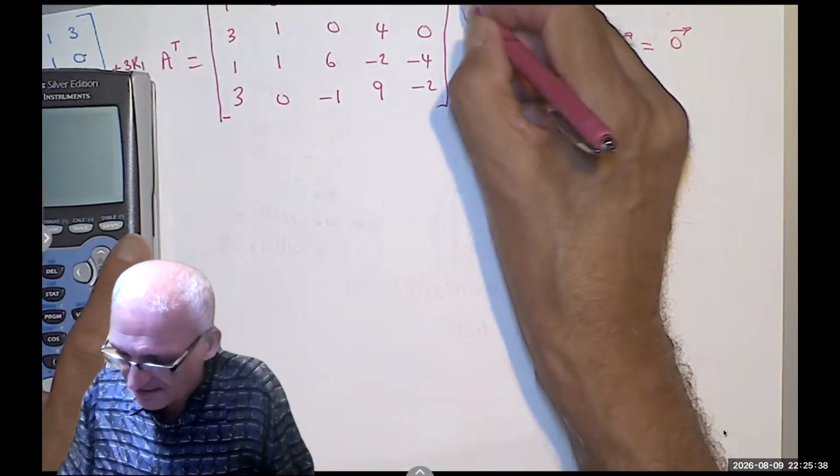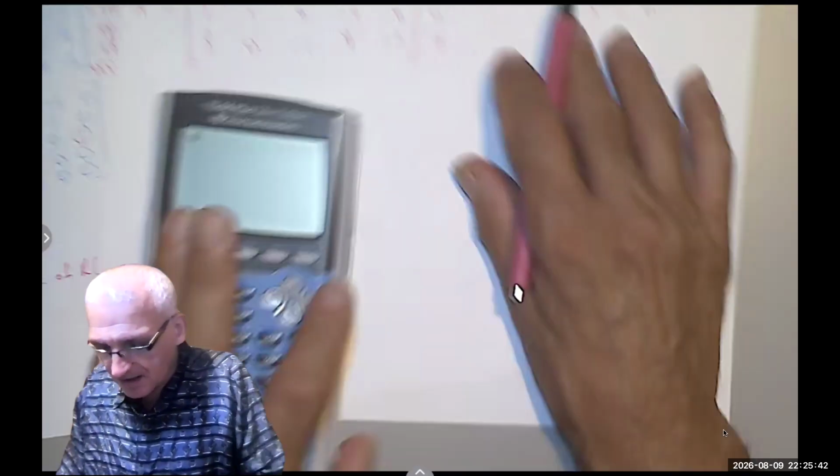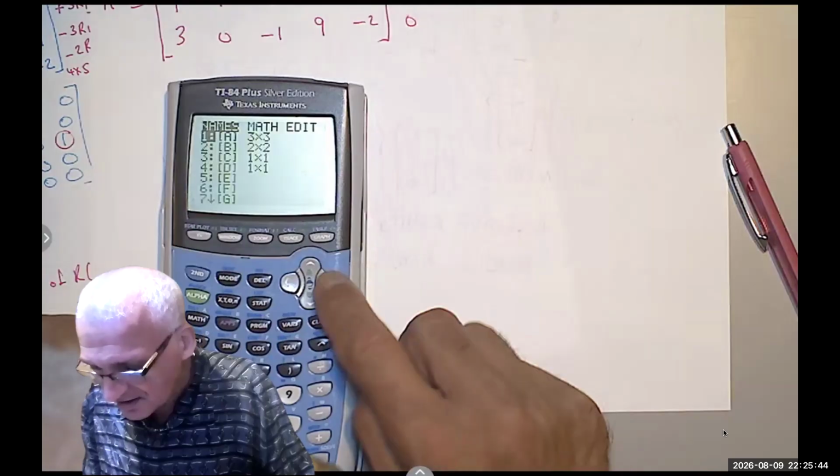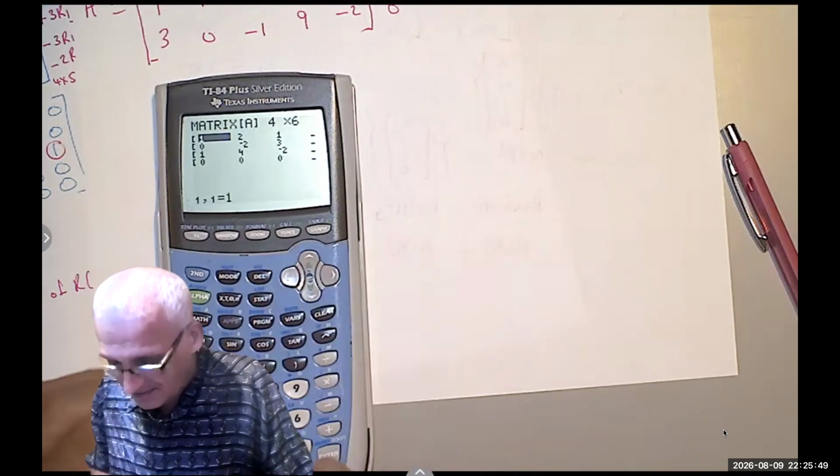Meaning I'm gonna augment it with 4 zeros, so I will have 4 rows and 6 columns. So let's create a matrix that is 4 by 6 and enter these numbers.